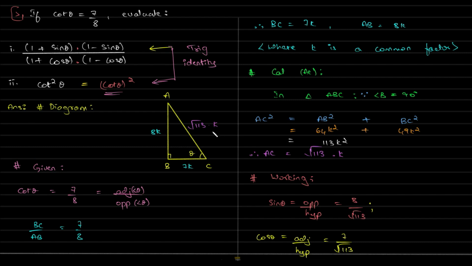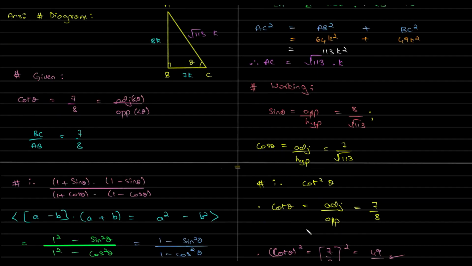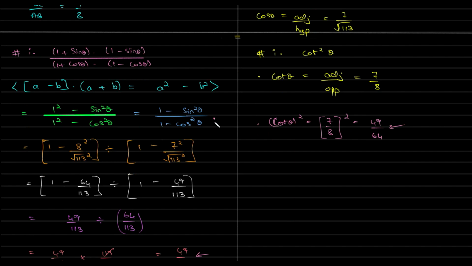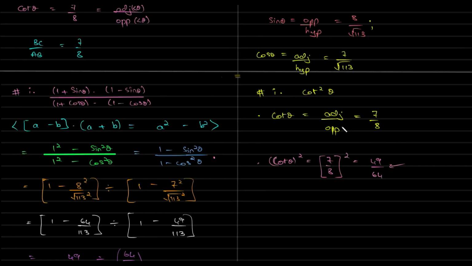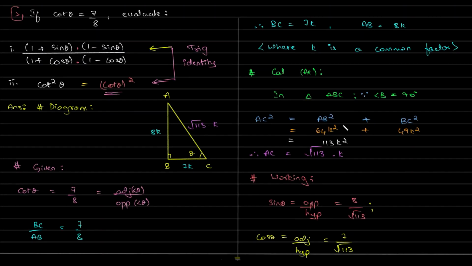I need not find the hypotenuse itself. So all this will go away and only this many steps, then a few more steps and you'll get the same result, 49 by 64. Quite simple. So pause and have a look.